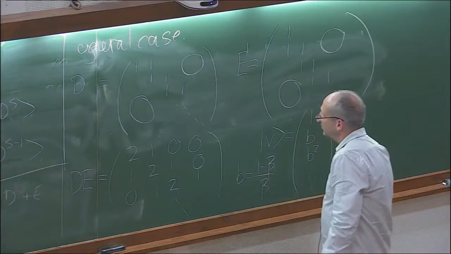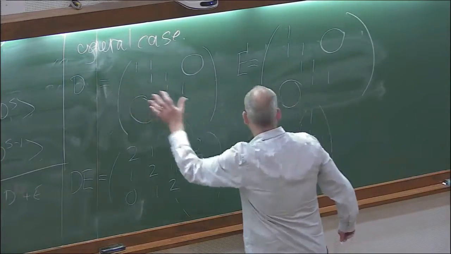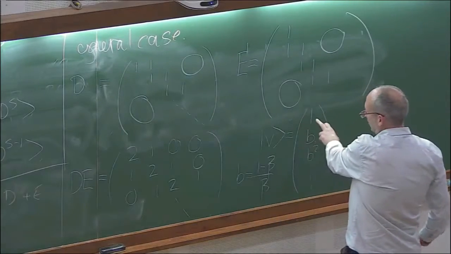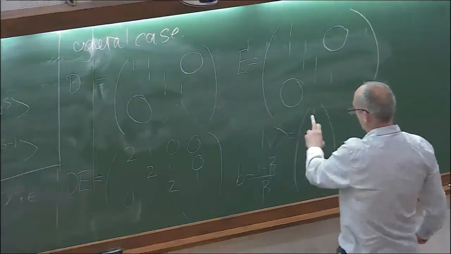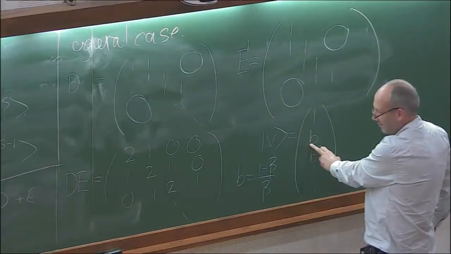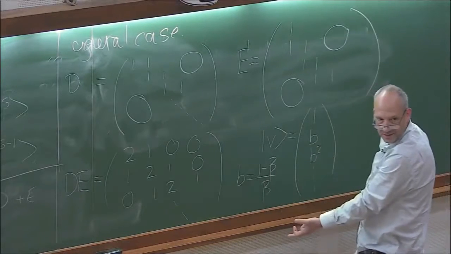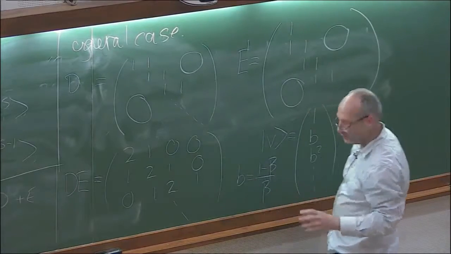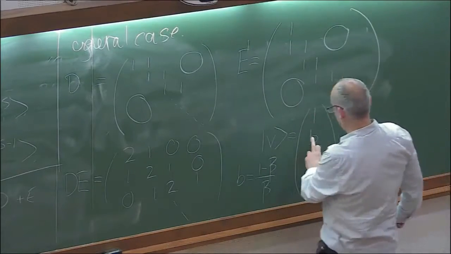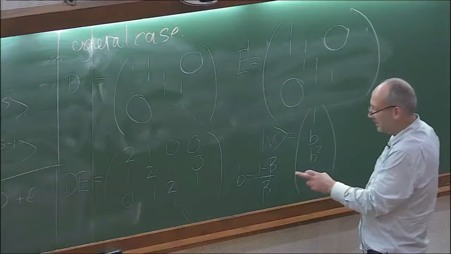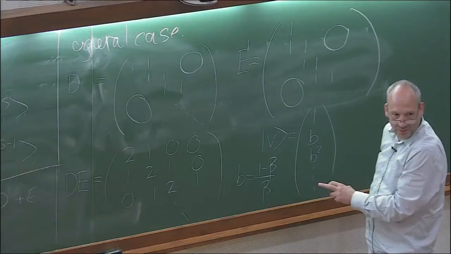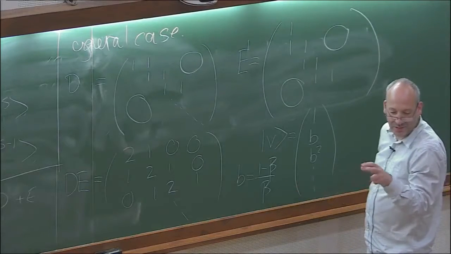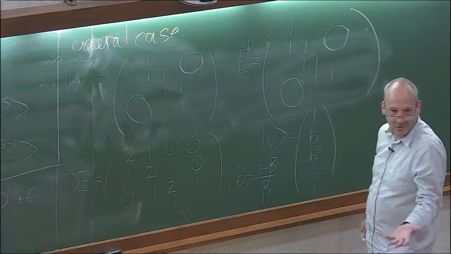So you can check that D acting on this, the first element will be 1 plus B, and 1 plus B is 1 over beta, which is what I want for eigenvalue 1 over beta. The second element will be B plus B squared, so it's B times (1 plus B), which is B times 1 over beta. So it works, it's an eigenvector.